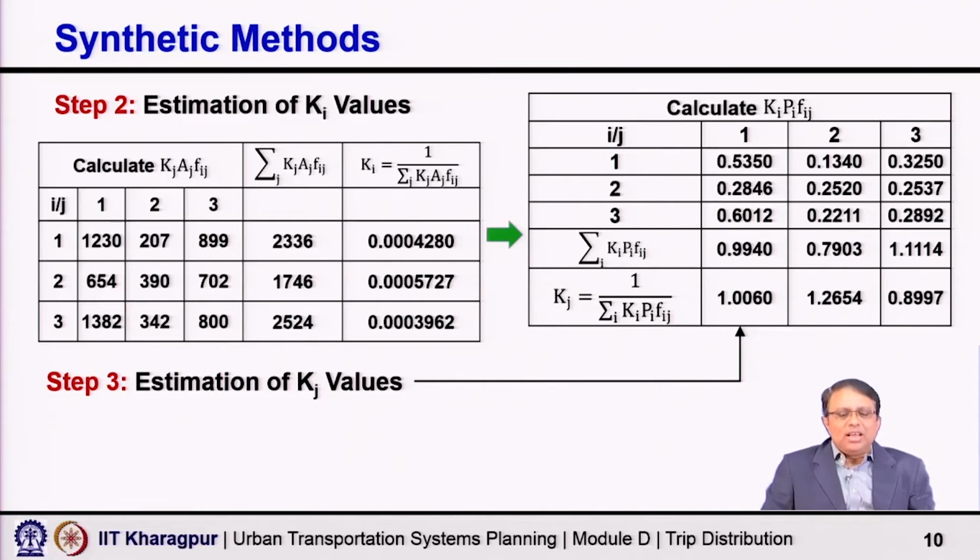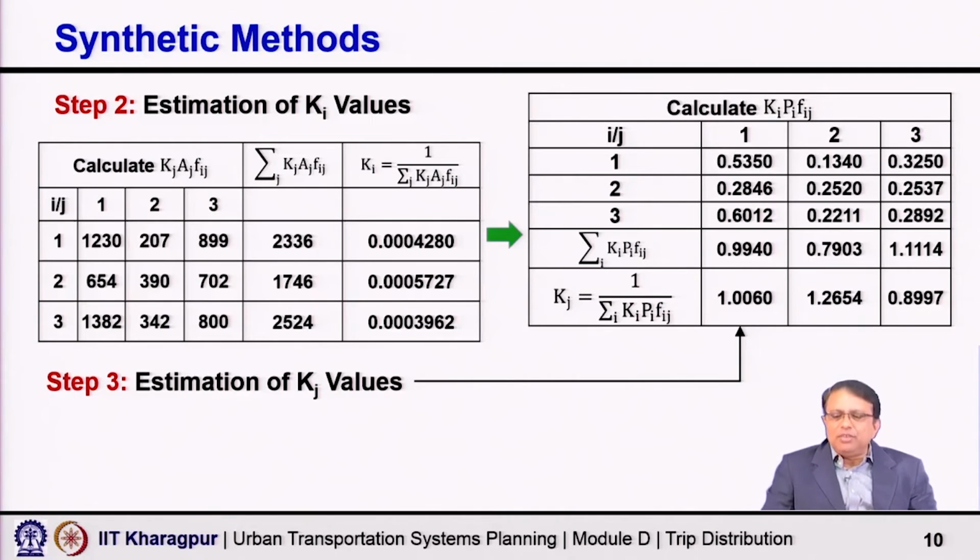Then sum over Kj, Aj, Fij over all j, that means sum over all columns. Then we calculate the value of Ki equal to 1 by the sum over Kj, Aj, Fij. Whatever you have got in this sum over all j, take 1 by that, and you will get this value of Ki.